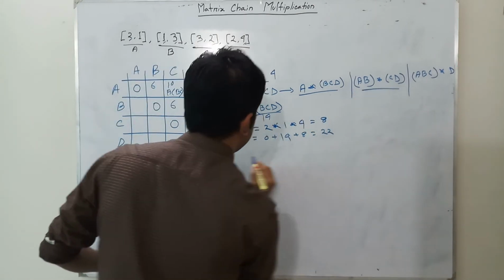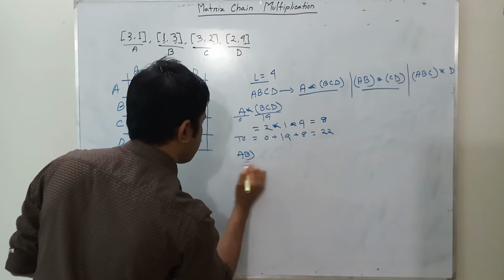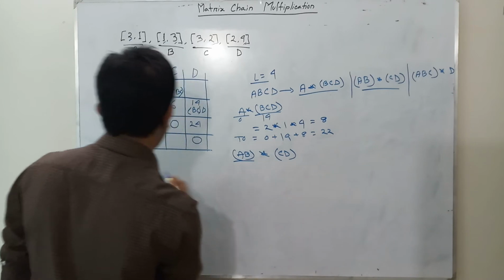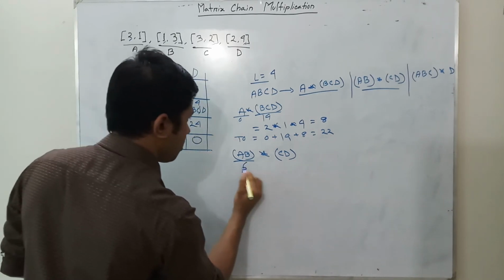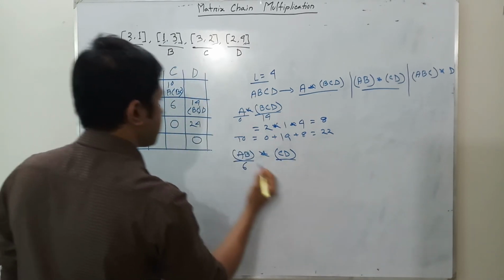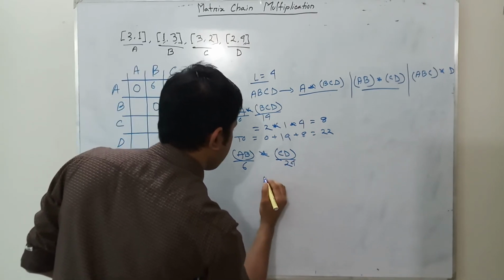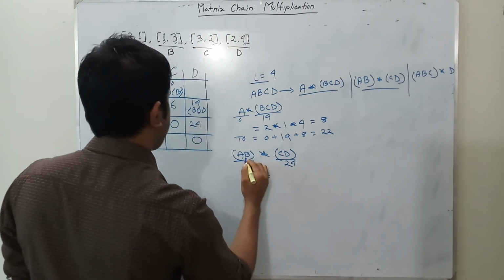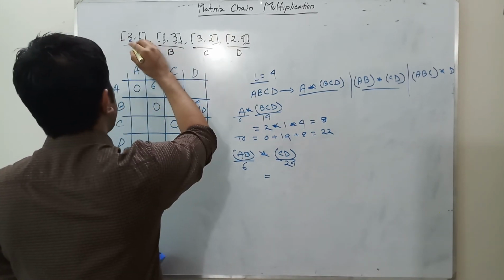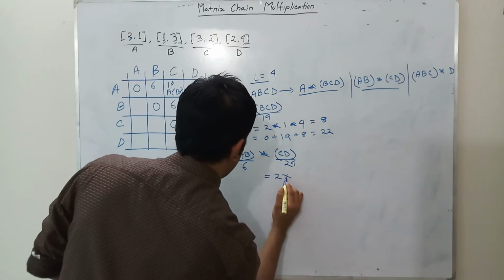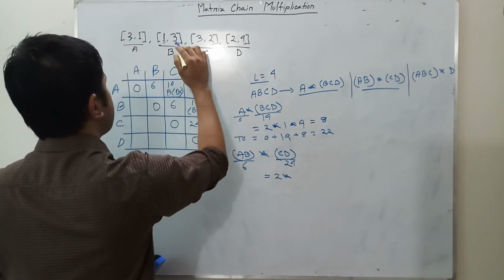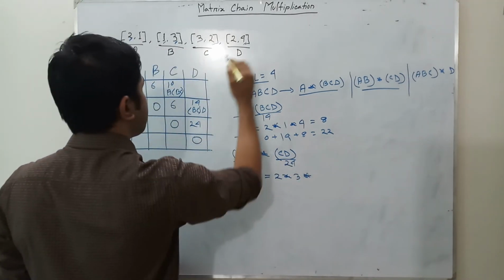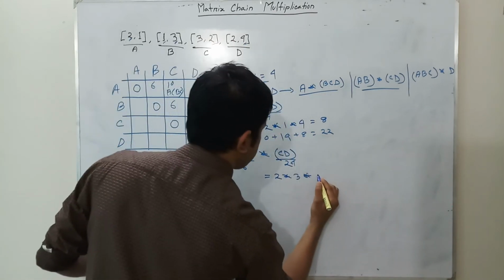Now we will see for this. We know for AB the value is 6 and for CD the value is 24, and the number of operations to multiply we need here for AB the number of rows here 2 into number of columns of AB is 3 into the number of columns of CD 4.